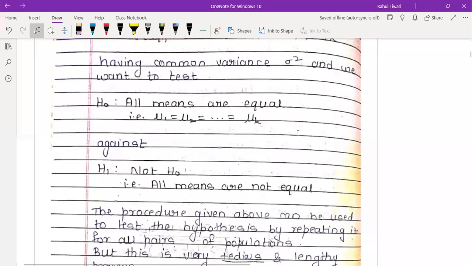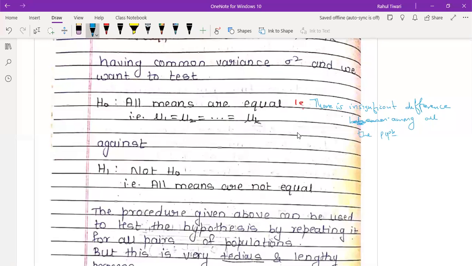whether all means are equal or not, versus, and this can be written in a different way also: there is an insignificant difference among all the populations.